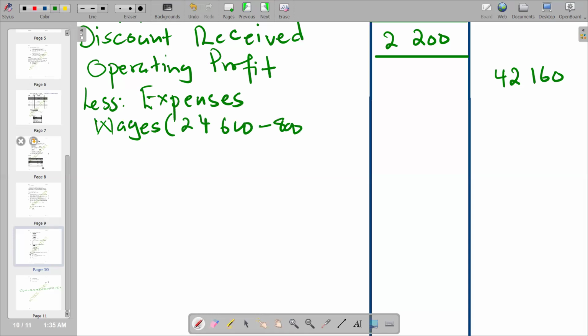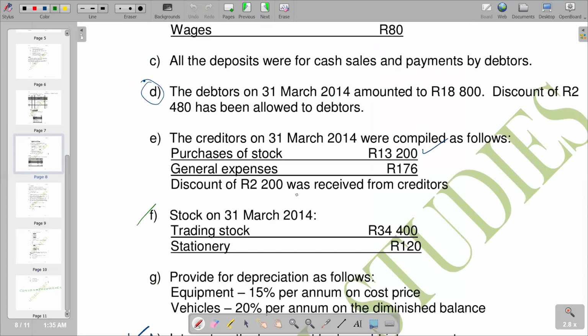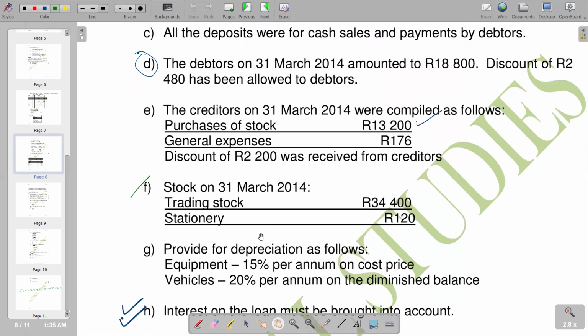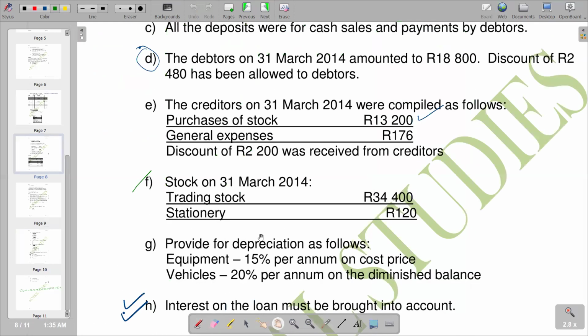And then we are subtracting 800, which was for the previous financial period. And then we go to extra information to check if we've got anything to do with our wages. So we can proceed to see if we have any amount that we can include as part of our wages.